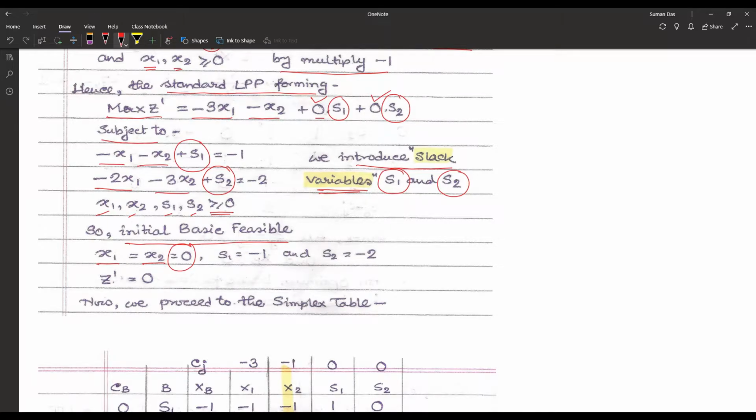So if x1 is 0 and x2 is 0, we get S1 as -1, and S2 is equal to -2. And finally, the result of maximum Z1 is equal to 0. So we proceed to the simplex table.